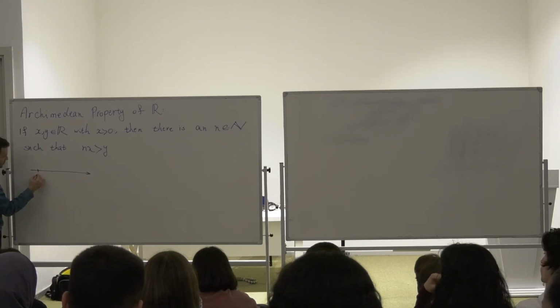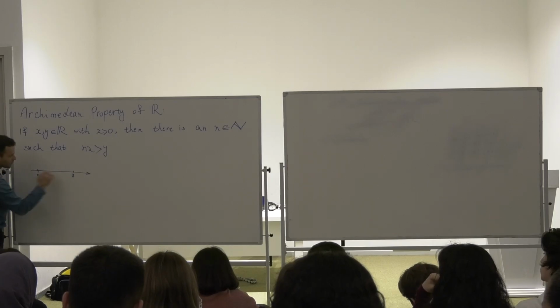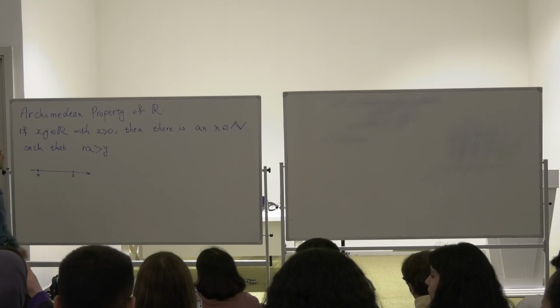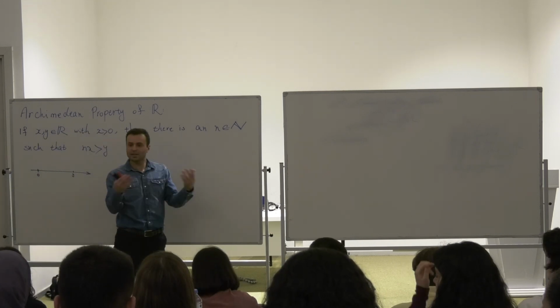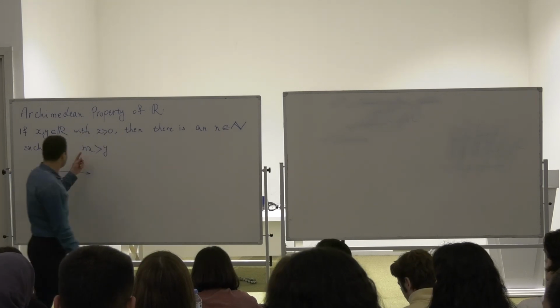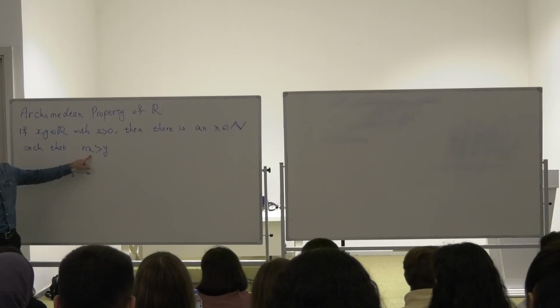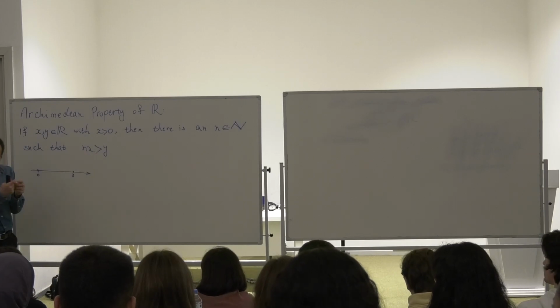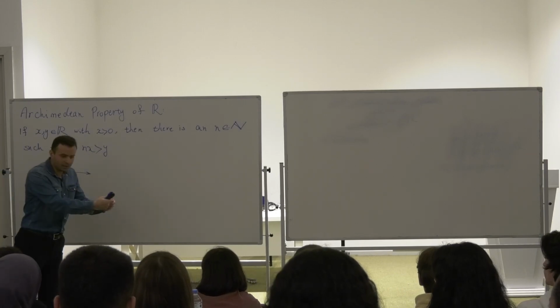If, for instance, this is our 0, and for instance, if this is our y, what does this mean? There exists a natural number such that, what is the meaning of n times x? It means that you are just adding x n times to itself, right?